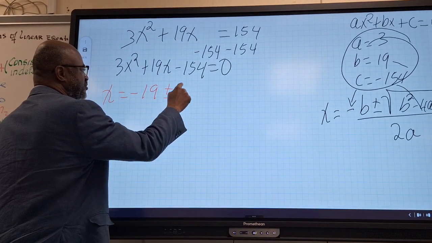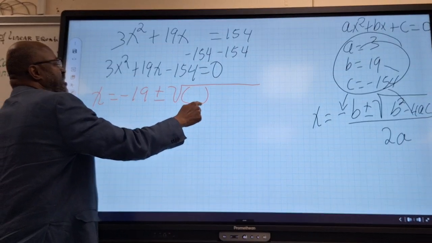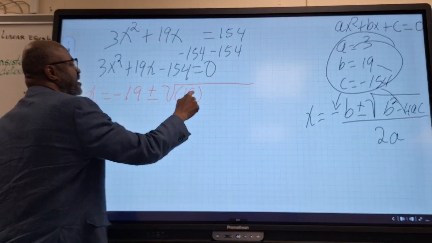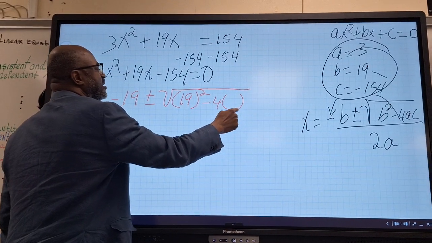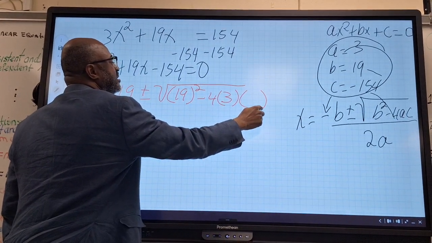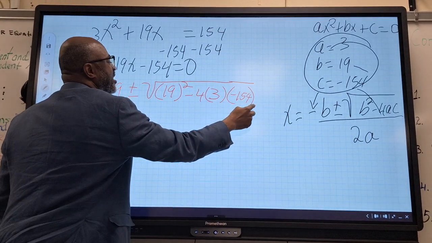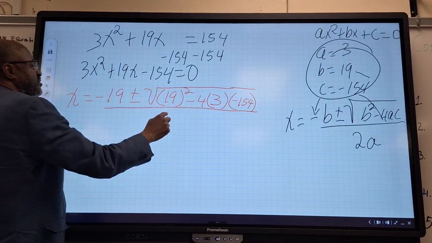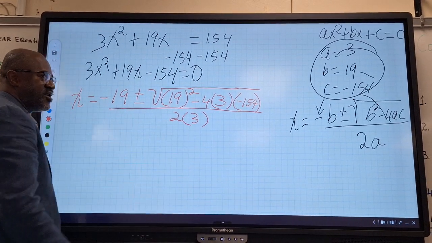Plus or minus root of what I'm going to square? 19 squared minus 4 times 3, my a, times negative 154, that's my c. And divided by 2 times 3. That's your setup.